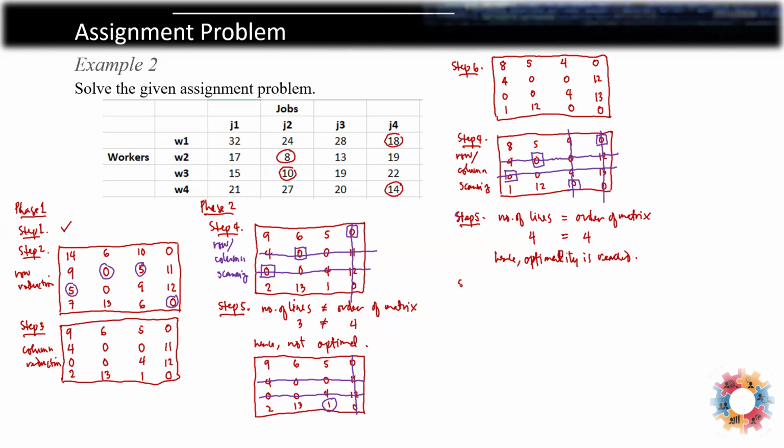In step number 7, you're going to square those zeros that you find in the row and the column, single zeros, no? And then write off the rest of the zeros. So we actually did that in step number 4. So we need only to copy that for our step number 7.